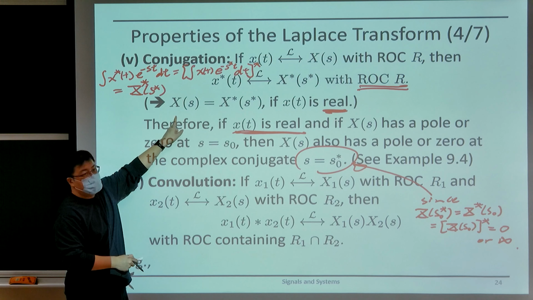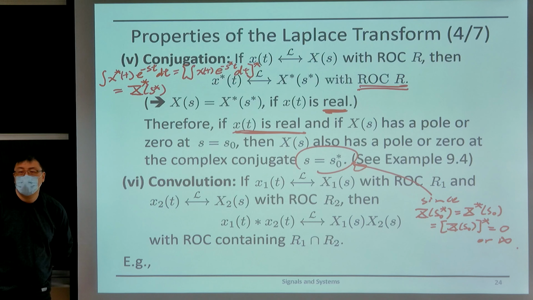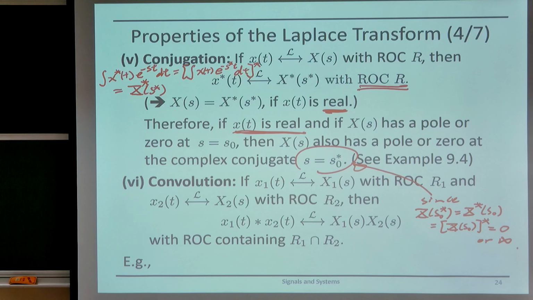So s must belong to both R1 and R2. The ROC should contain the intersection of R1 and R2. But again, it can potentially be larger depending on the specific form of the case you're looking at.